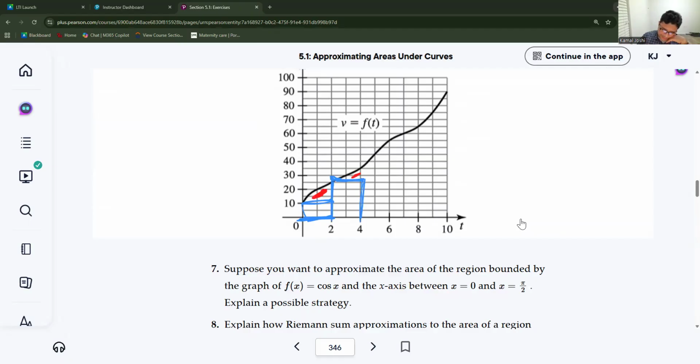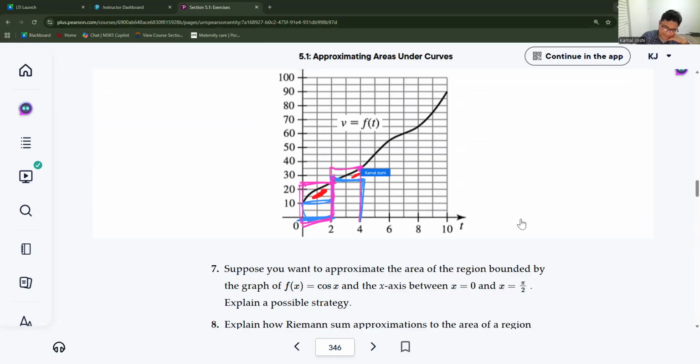What will the right endpoints do? I'll change color and try to get the rectangle. For the right endpoint, for the first interval from 0 to 2, that will be your height. So this will be the rectangle you will consider. And from 2 to 4, the right endpoint is at 4, so you will consider that rectangle.